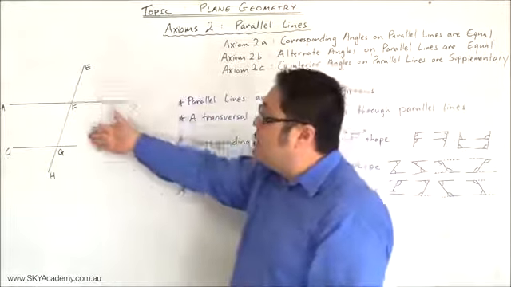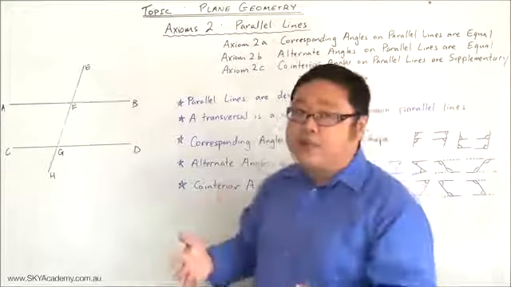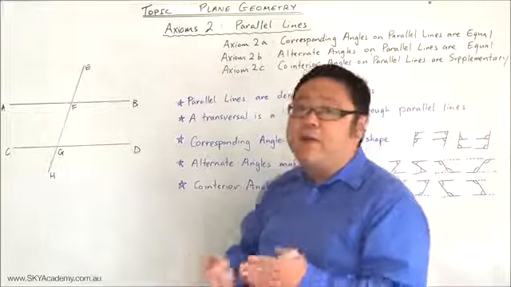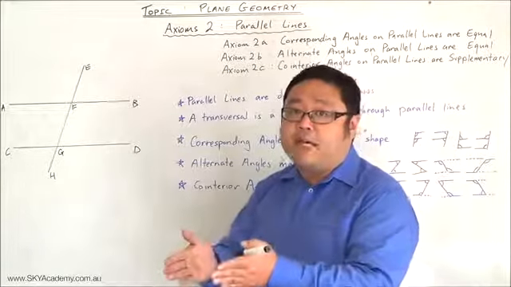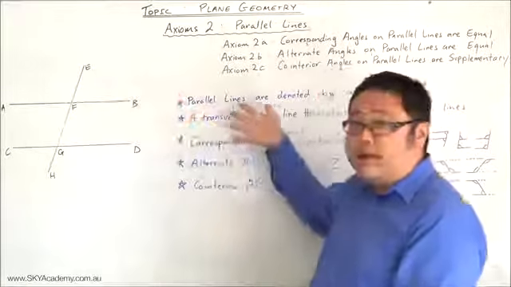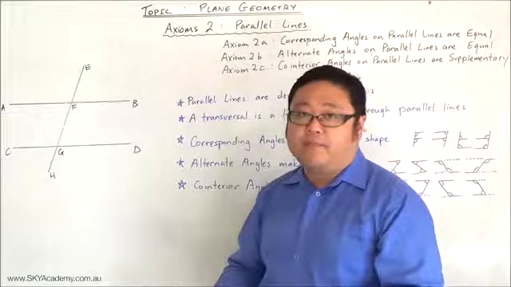They'll always be the same distance apart, and they'll keep moving without crossing each other. Okay, that's parallel lines. You can also have parallel rays and parallel intervals as well. As long as they're going in the same direction, you can say that they're parallel.